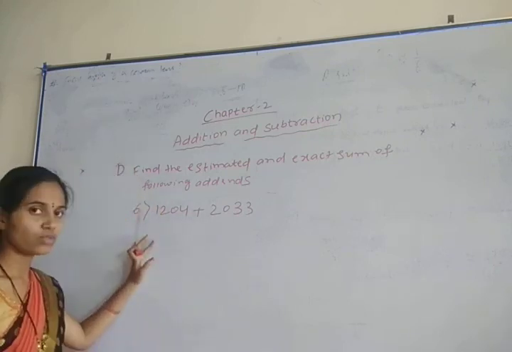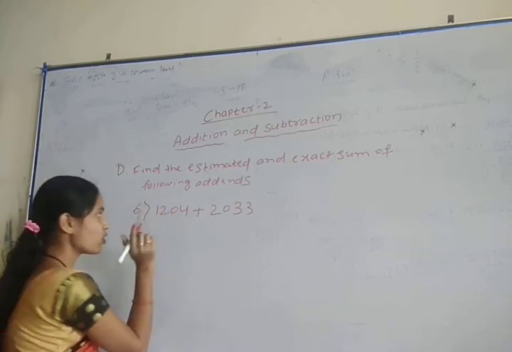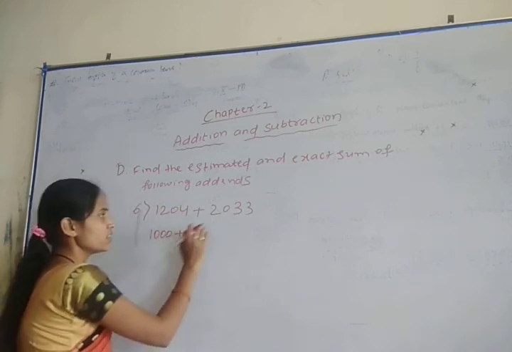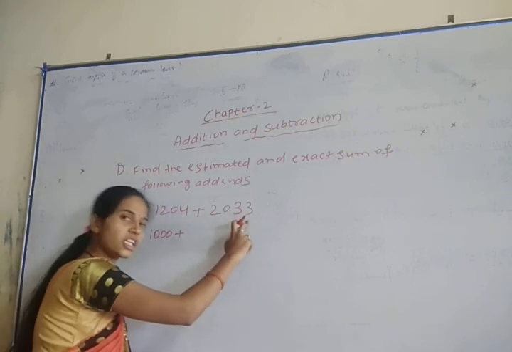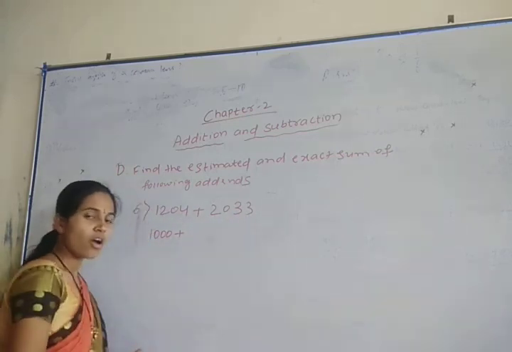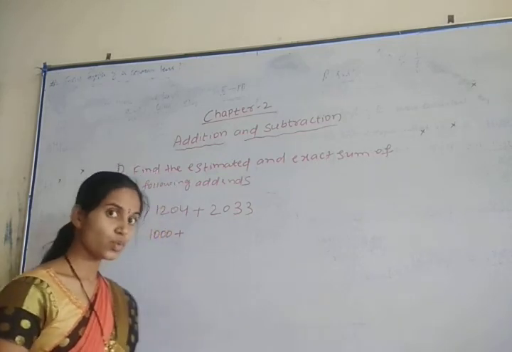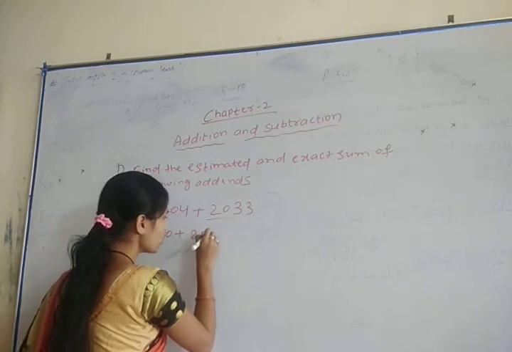It is nearer to 1000. So I will round this number to 1000. See here. Tell me whether this 2033 is nearer to 2000 or it is nearer to 3000. It is nearer to 2000. I will round this number to 2000.